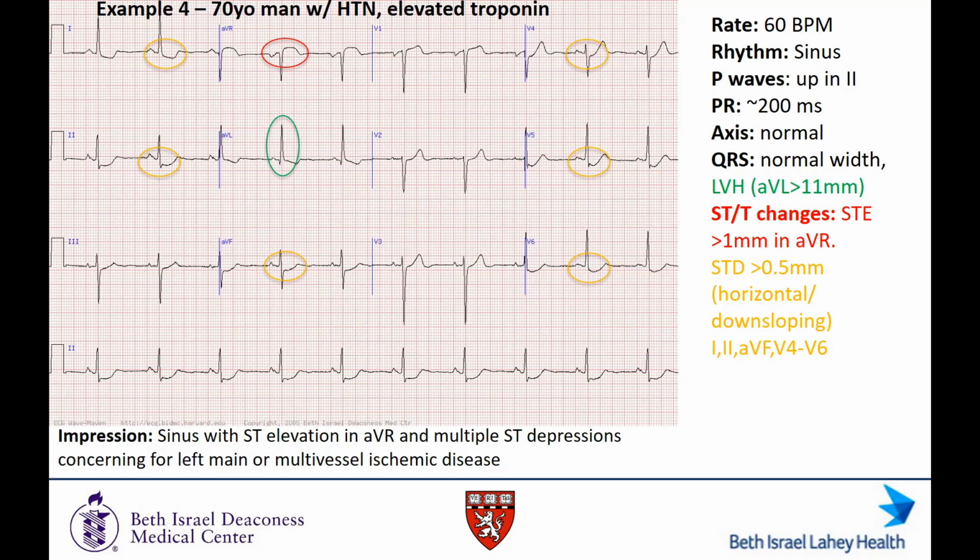In 1, you see a good example of a downsloping ST depression. Yeah, that's exactly what I was going to say. 1 is a great example of downsloping, and then 2 is a great example of horizontal. And here's our frowny face in AVR. So as I mentioned earlier, ST elevation in AVR with multiple reciprocal changes is really concerning for left main or triple vessel disease.